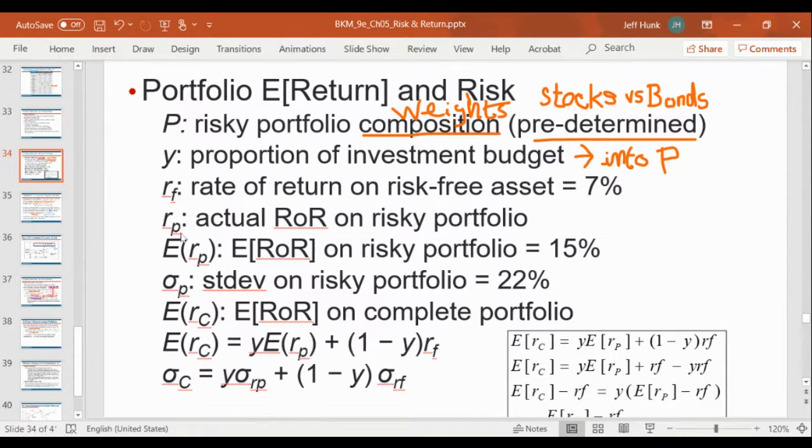Now, RF, of course, is the risk-free rate, and RP is the actual rate of return on a risky portfolio. This is calculated from the past data, from a time series.